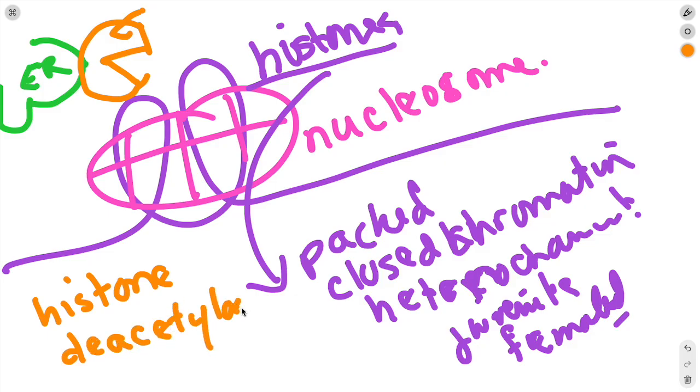That means it's an enzyme that removes acetyl groups from these histones, and when the histones are deacetylated, they fold up tighter. So what does it mean when we fold up the blankets? It means we remove the acetyl groups, which are covalently bonded, by cutting them off with this histone deacetylase, and when we do, the histones fold up tighter.